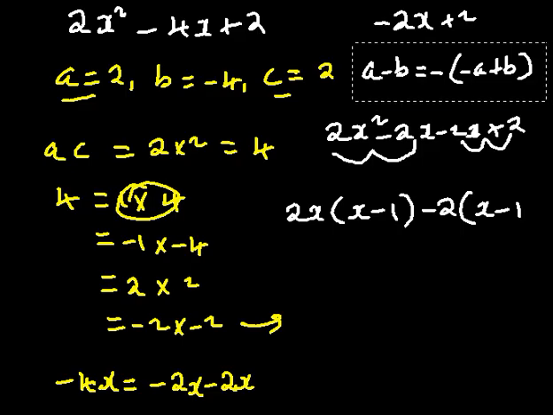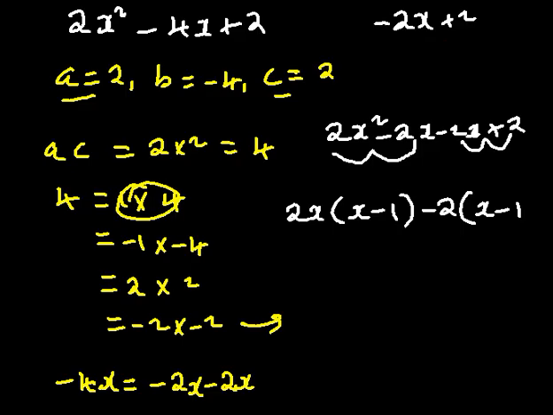So in such cases, if we have negative 2x plus 2, this is the same as negative 2 times x minus 1. Having negative 2x plus 2 is the same as negative, 2x minus 2.